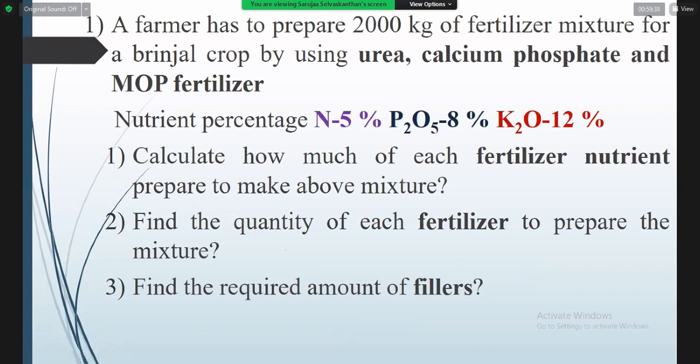Their nutrient percentages, not fertilizer percentages, are given: nitrogen is 5%, P2O5 is 8%, and K2O is 12%. Then they ask to calculate how much of each fertilizer nutrient is needed to make the above mixture. Find the quantity of each fertilizer to prepare the mixture. Then finally, what is the amount of filler material they will use?